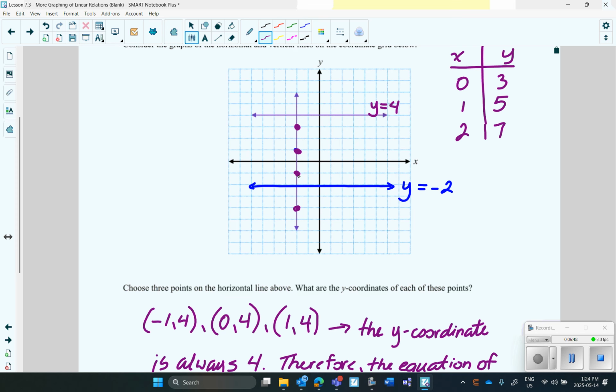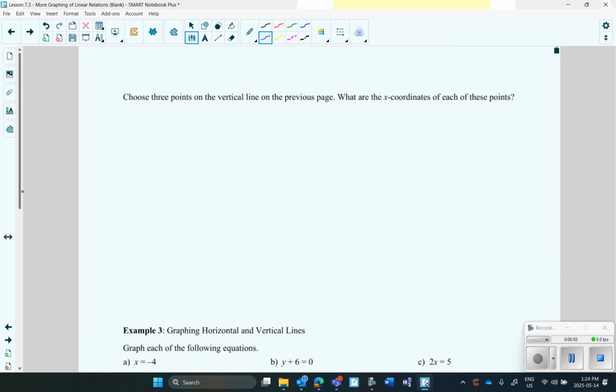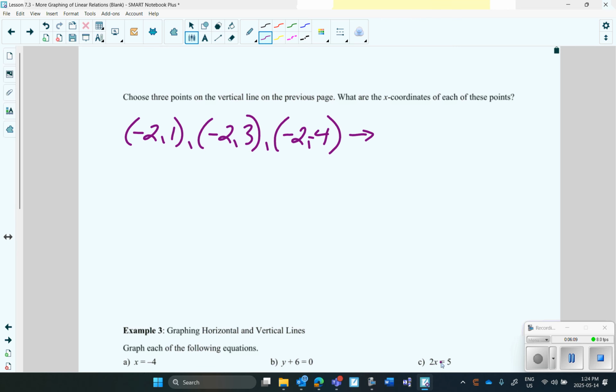Okay? So when we do those ones, we've got -2, 1, we've got -2, 3, we've got -2, -4. What do you notice about this? They all have -2 in it as the x-coordinate. Yes.